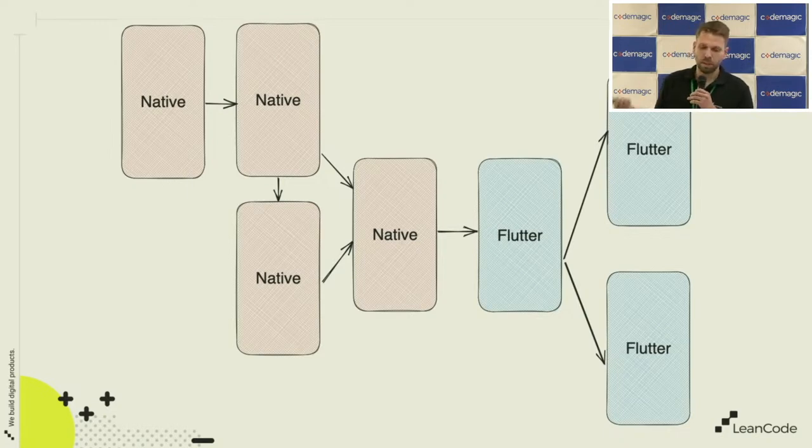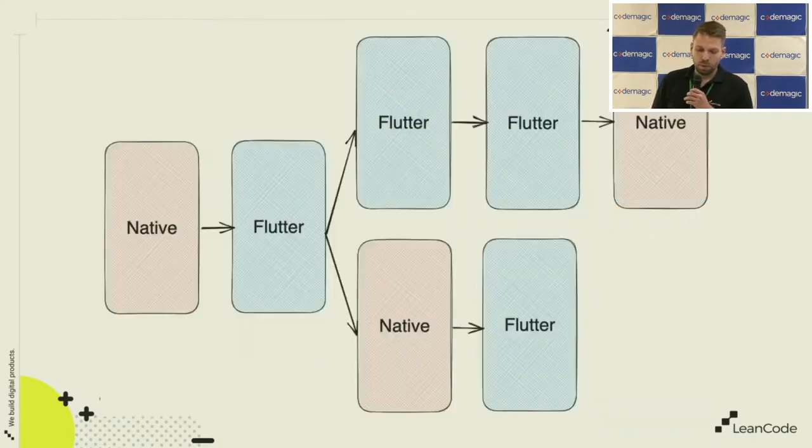From one of those native screens, we can go to a Flutter screen, and from that Flutter screen we can move to some other Flutter screens. This is kind of a simple scenario because we have a Flutter module that is self-contained. So once you go into Flutter, you can only go back to the native part.